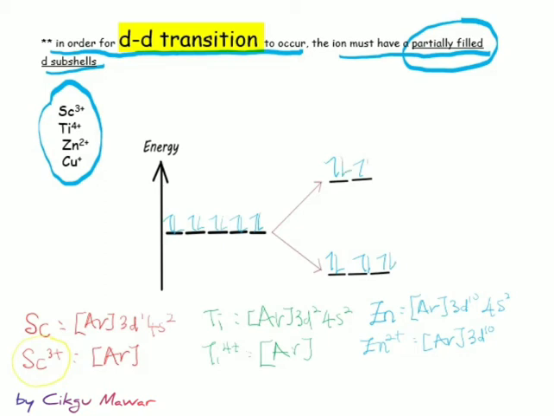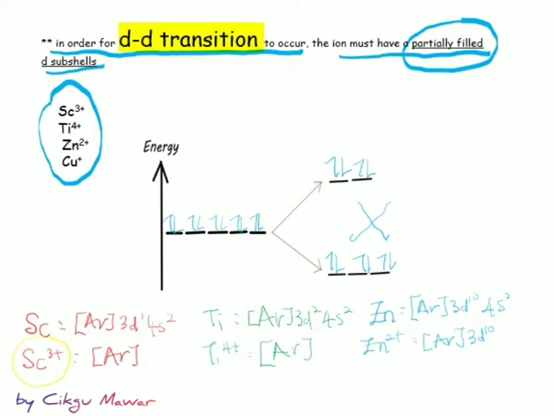Since it is a fully filled orbital, it has no unpaired electron. So how can d-d transition occur here? Because it has no unpaired electron, zinc 2 plus has no d-d transition, because it is a fully filled orbital.